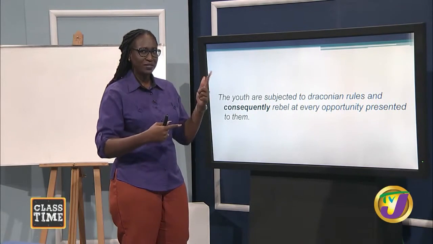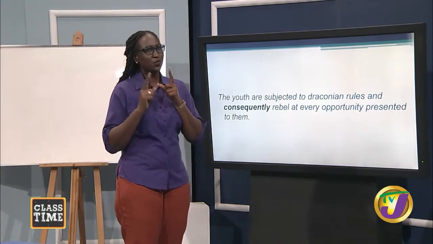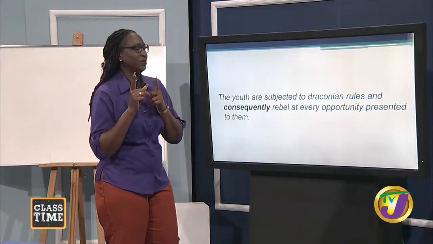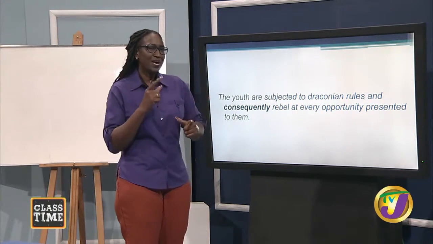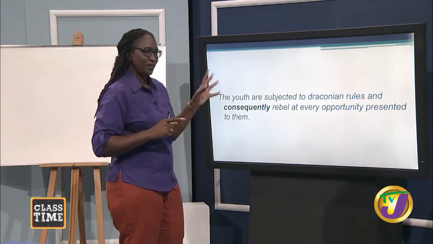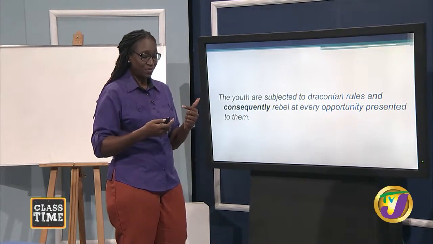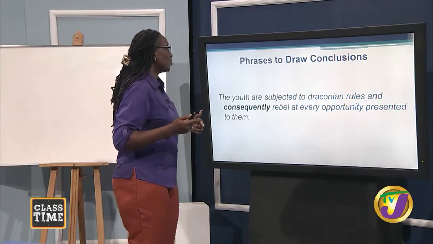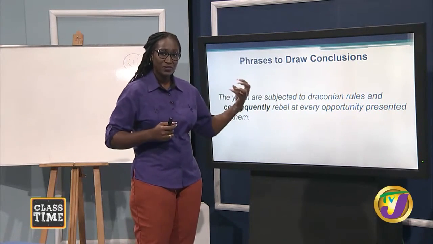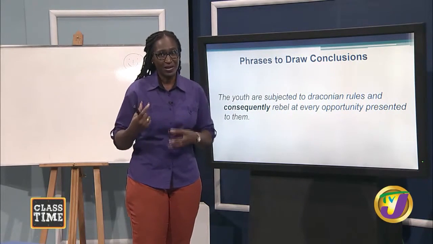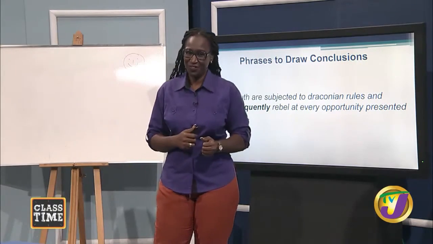And consequently, there's a popular term you would use. You would use as a result. They rebel at every opportunity. If you would use as a result in place of consequently, what is going on? You remember? Yes, you do. You're drawing a conclusion. You have said, because this happens, then naturally that will happen. So that is all for today.